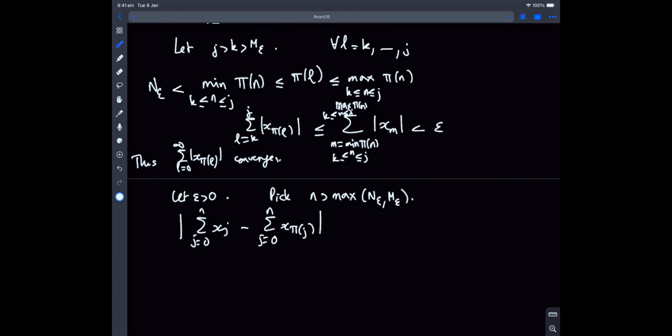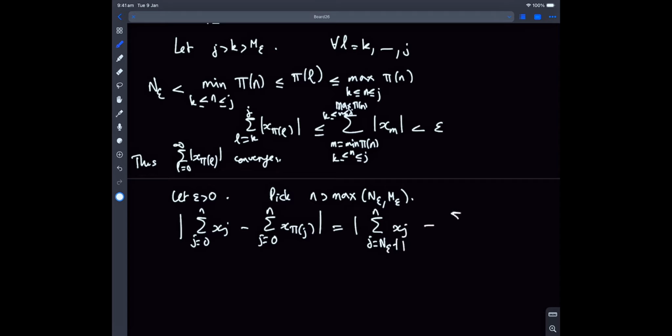And the point here is, because my n is greater than M_epsilon, this guarantees that somewhere between 0 and n, the π(j)'s are hitting every number 0, 1, 2, 3 up to N_epsilon. So the first capital N_epsilon plus 1 elements in that sum are all cancelled with elements in that sum, which is to say that out of the first sum, we only have left, after cancellation, the elements above N_epsilon.